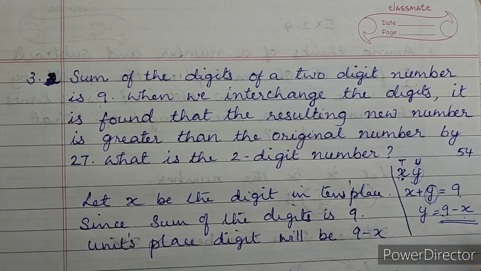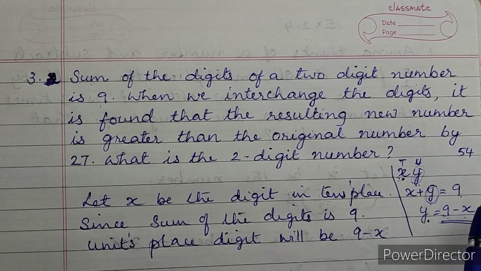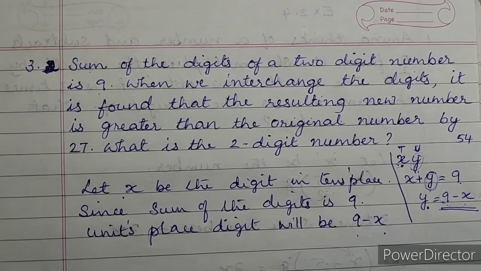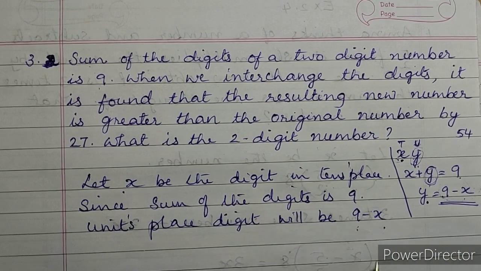The form is here. For your information, but don't take another variable here. In linear equation only one variable you can use. So one is x means other one will be 9 minus x, since the sum of the digits is 9. Now you got tens place digit and unit place digit also.